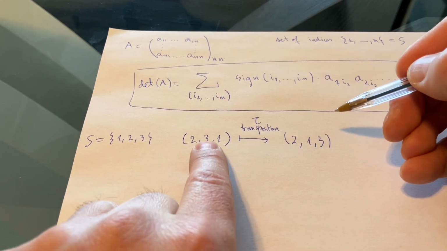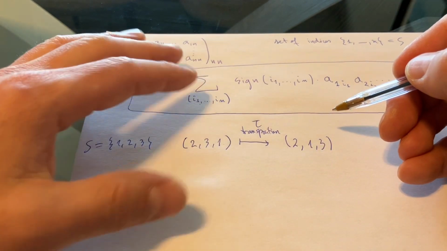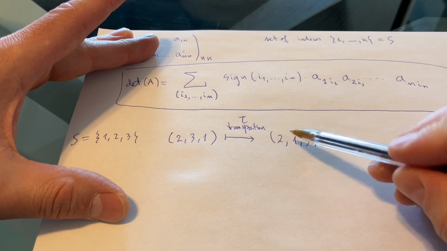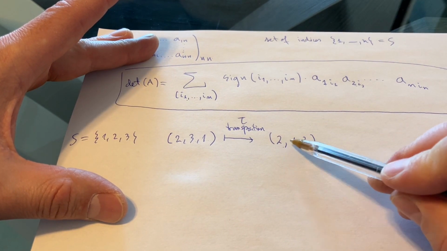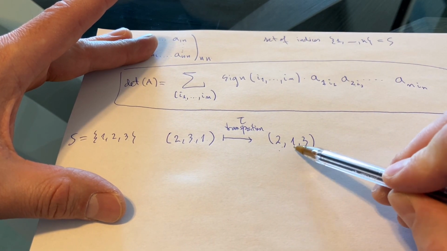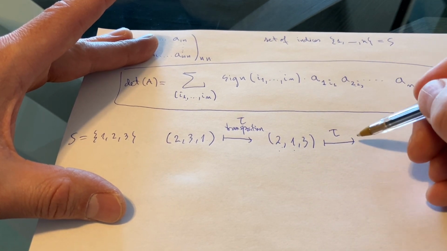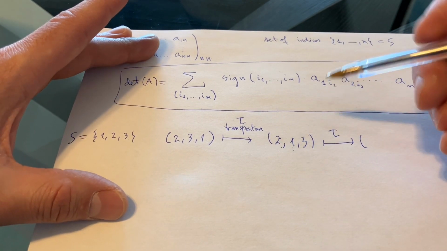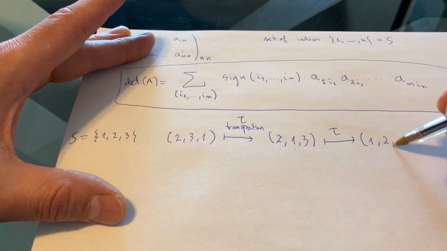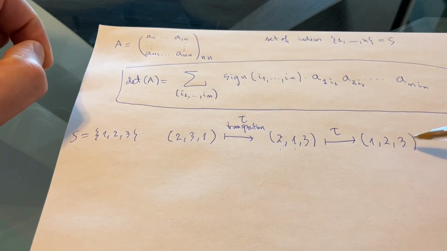So 3 becomes 1, 1 becomes 3. And then I'm going to do the same thing on the first and the second positions. I'm going to apply yet another transposition on the first and second positions, and then I'm going to get 1, 2, and 3. And there you have it.